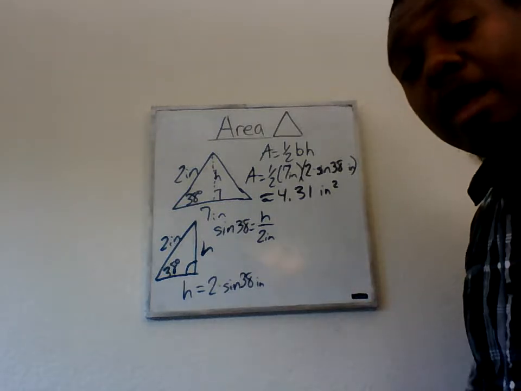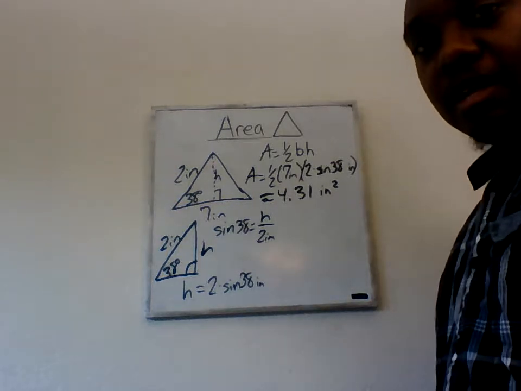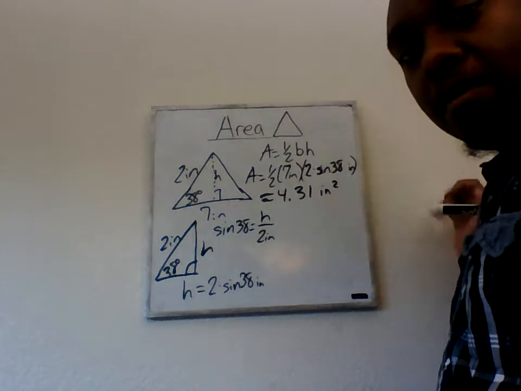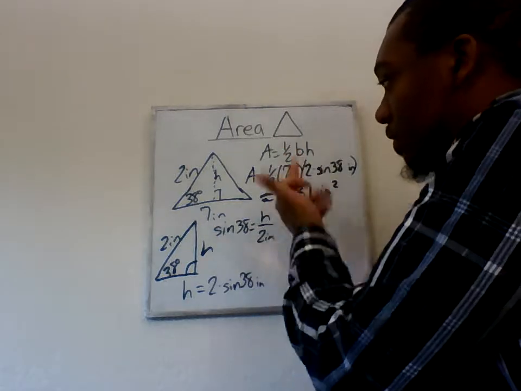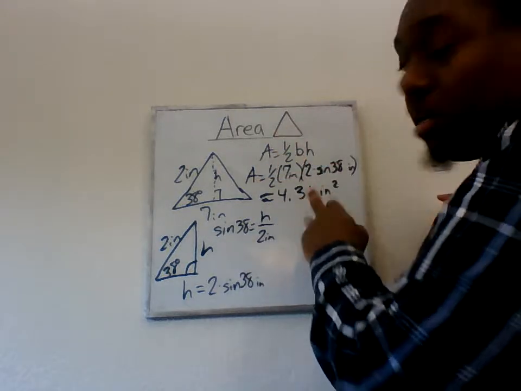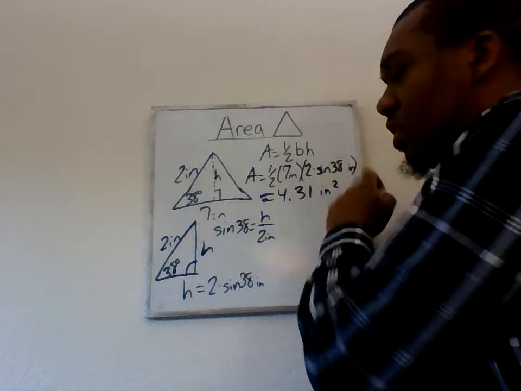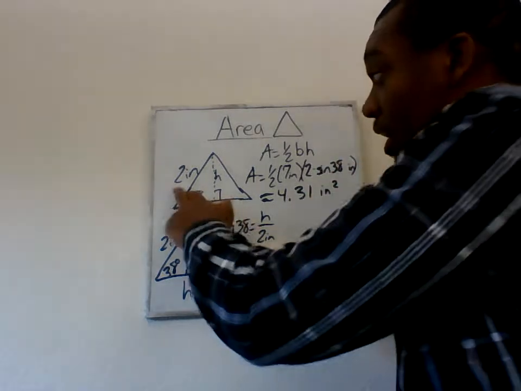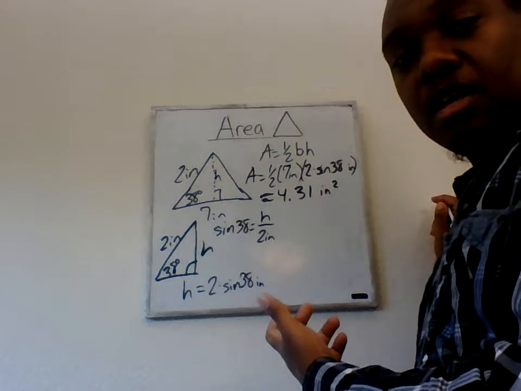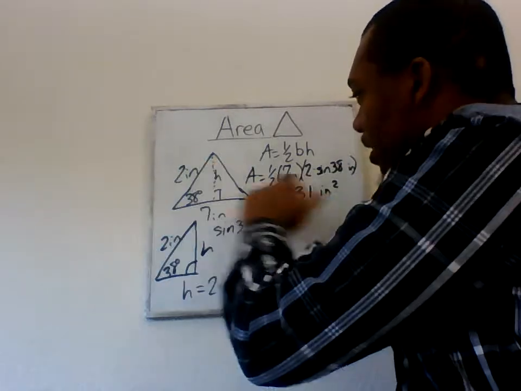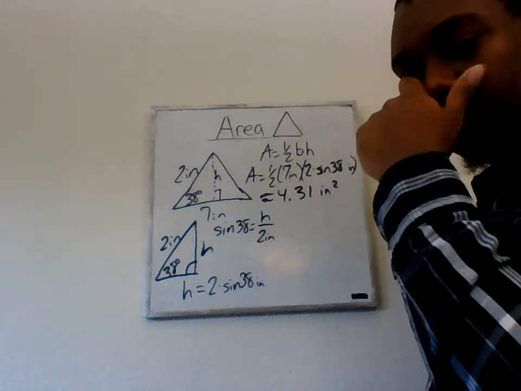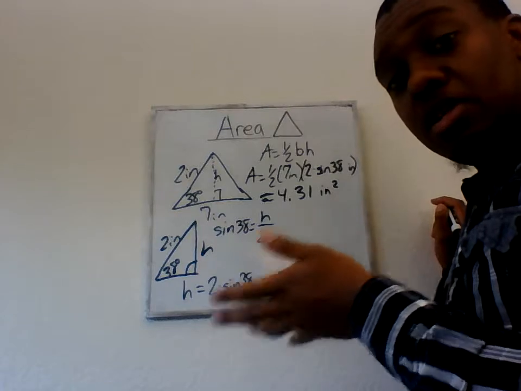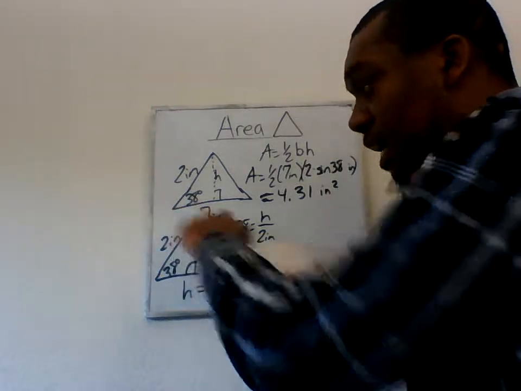Okay, so we were able to find the area. Well, let's look at what we used in our result. We had 1/2, which was given to us, 7, the base, and then we had 2 sine of 38. Well, what was the other information given to us for this triangle? That's right, it was 2 and 38. So we used everything that was here in our final equation. This must mean then that there's a formula that we could always use when given two sides and the angle between it.